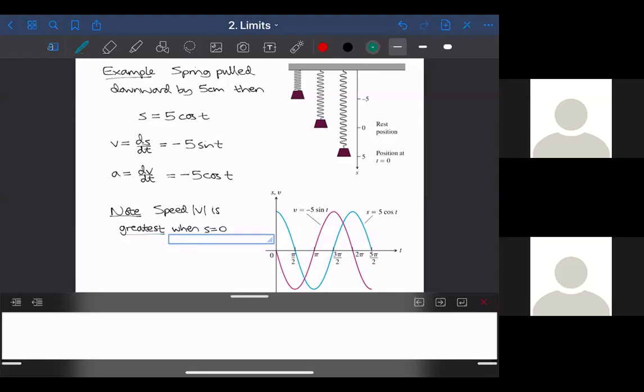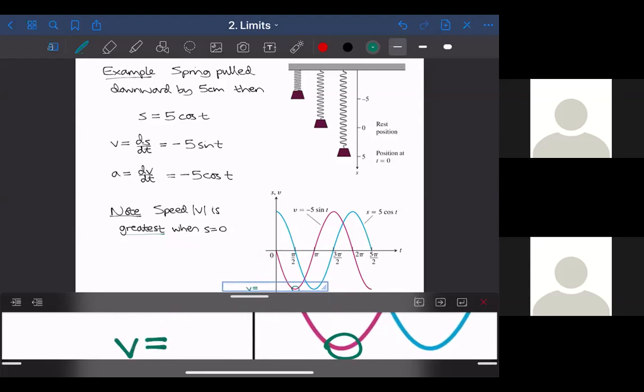V is the purple graph. So here V is -5. So the speed is 5.